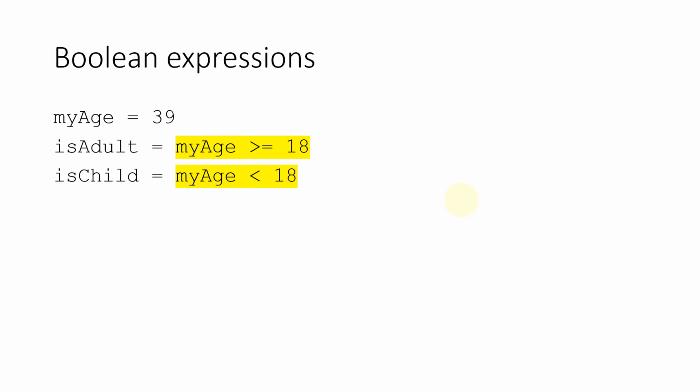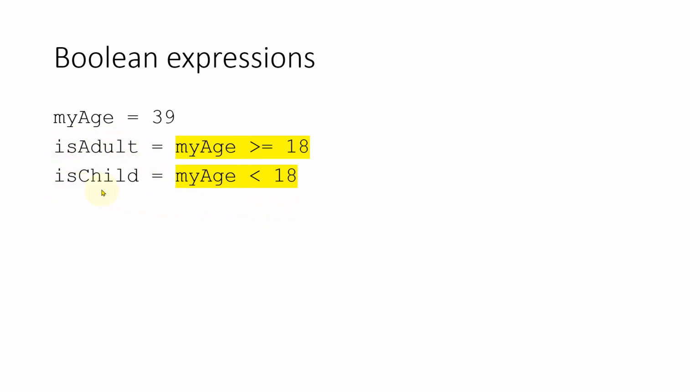So in this Python code, I have my age equals 39, and then I'm creating a new variable called isAdult equals my age greater than or equal to 18. This highlighted yellow block is a Boolean expression. Since my age is 39, that's larger than or equal to 18, this variable is going to hold a value of true.